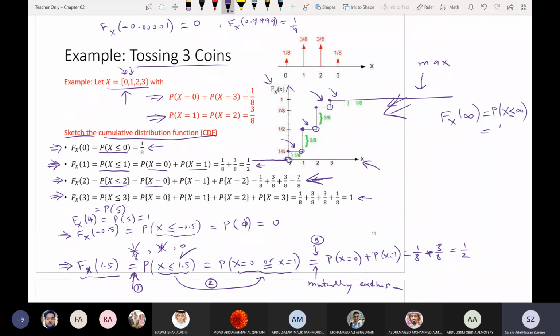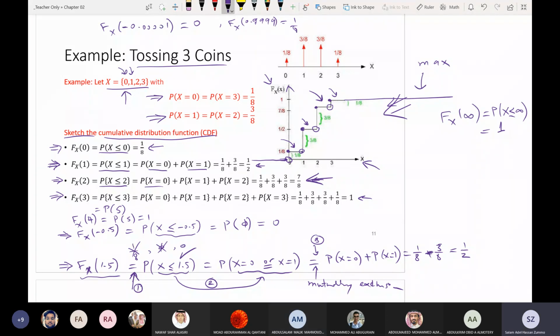So this is always equal to 1, regardless of the random variable. Clear?